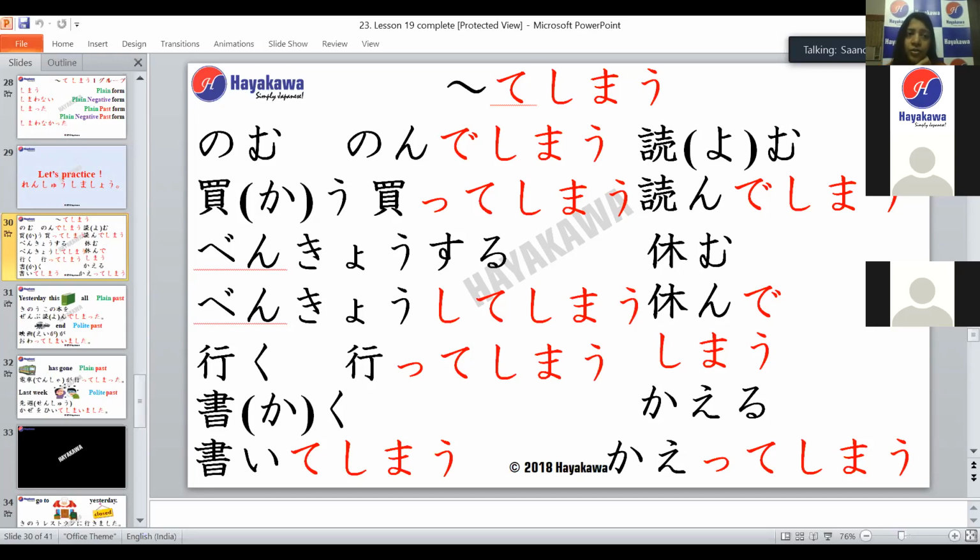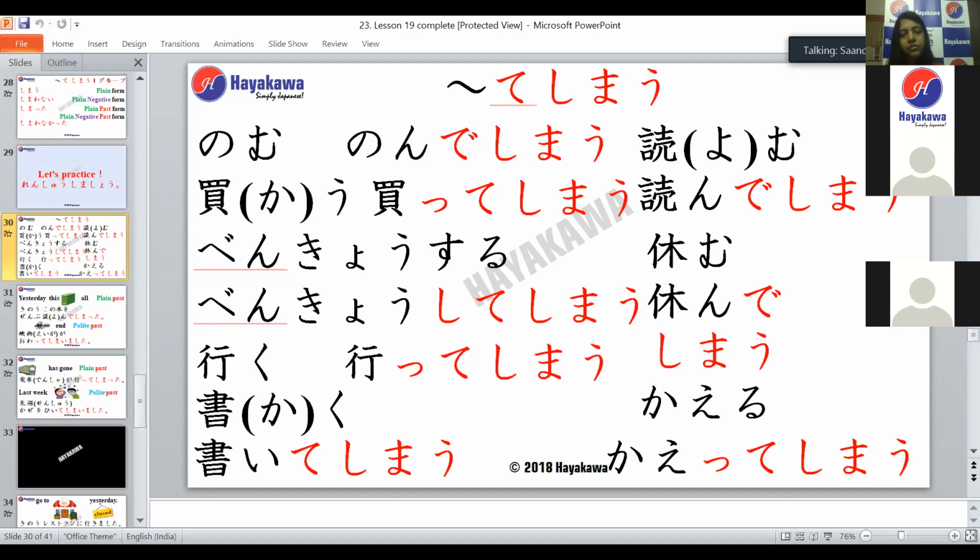Can we read all of them together once with the te shimau form? So we have nomu, nonde shimau. Kau, katte shimau. Benkyo suru, benkyo shite shimau.